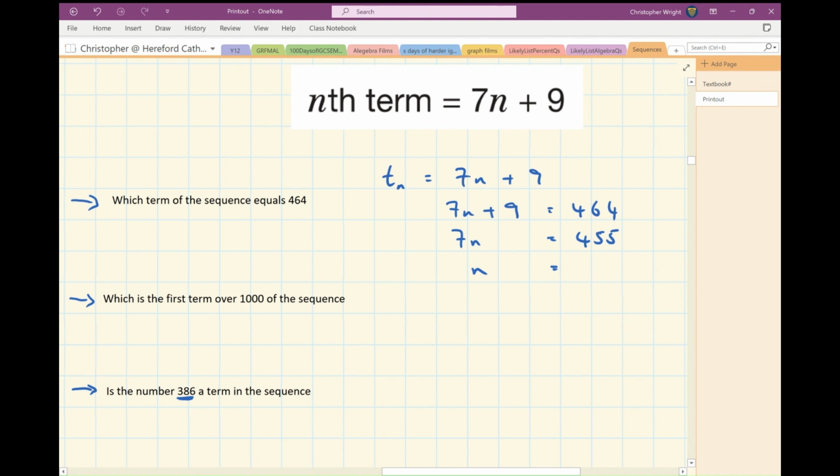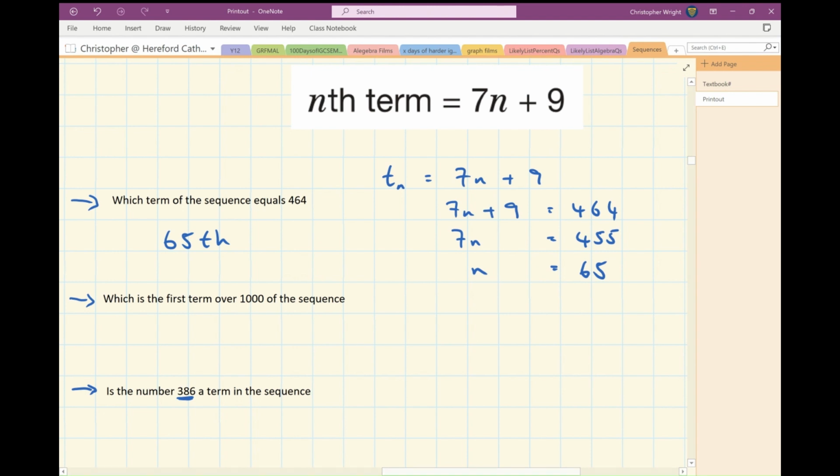So if I do 455 divided by 7, I get 65. So in fact, it's the 65th term of the sequence which equals 464.